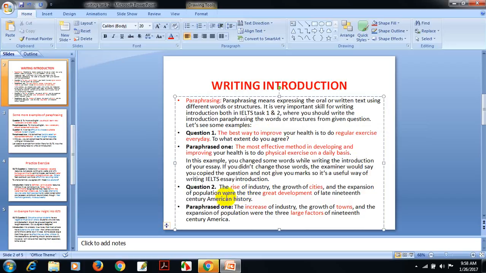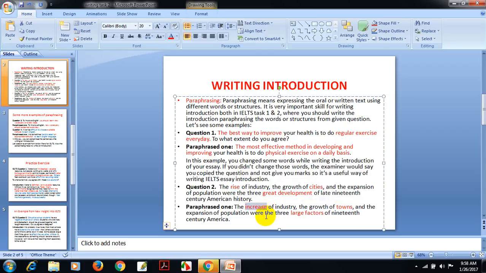Question number 2. The rise of industry, the growth of cities, and the expansion of population were the three great developments of late 19th century American history. Paraphrase: the increase of industry. Here is rise and here is increase, a similar word.